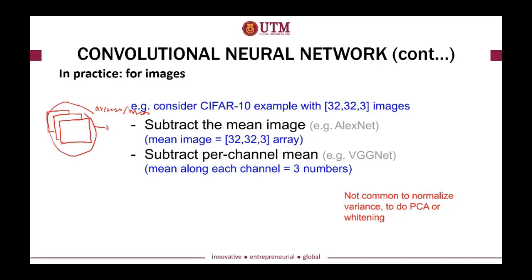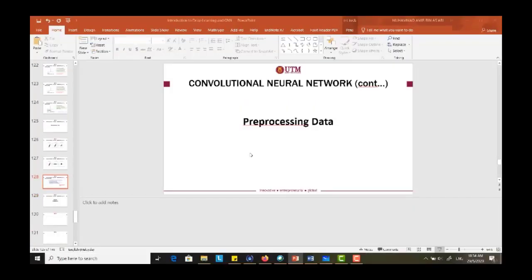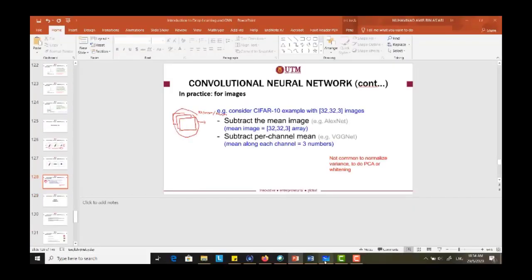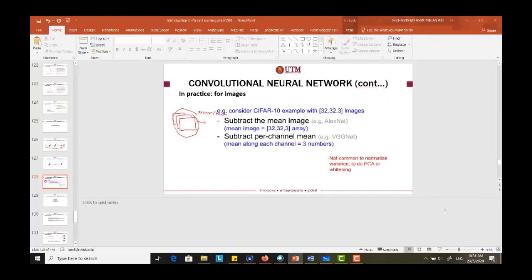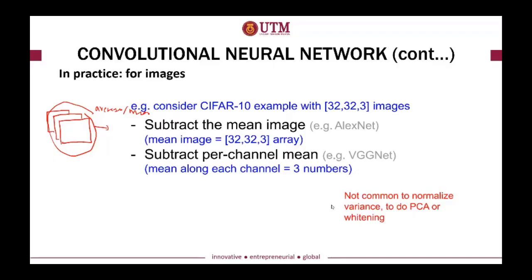Average and mean are the same thing. Once you find it, you apply this formula that I drew there. Each element inside that 3D matrix needs to be subtracted by the average or the mean, and then you get the normalized version. So that is AlexNet. But for VGGNet, it's a little bit different.